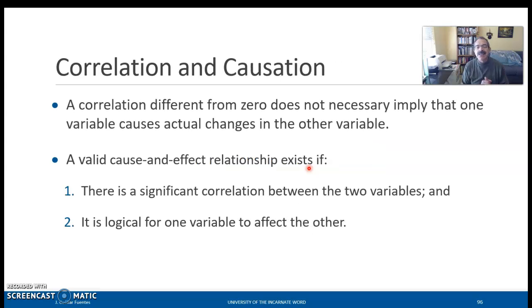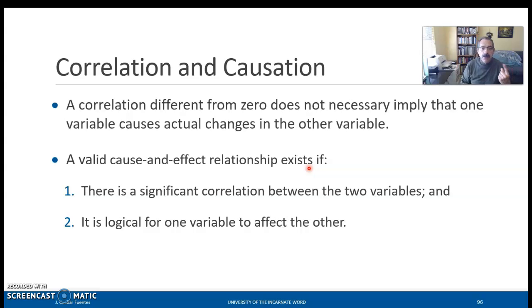All right, one last thing that I'd like to talk to you about is this idea of correlation and causation. Again, a correlation different from 0 does not imply that the X variable causes the Y variable or vice versa. In other words, to say that we have a valid cause and effect relationship, you need two things.